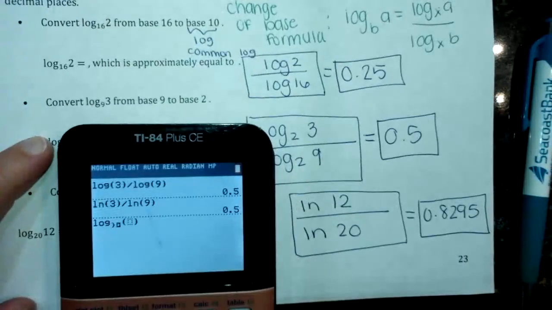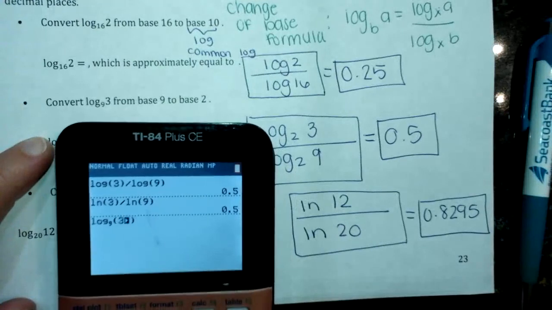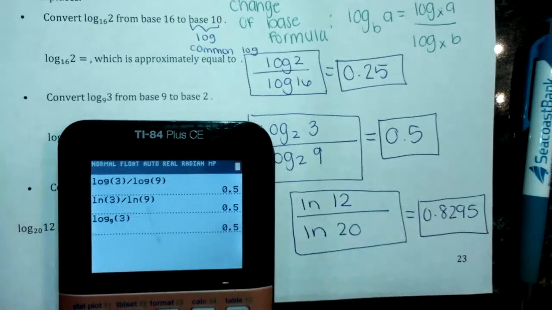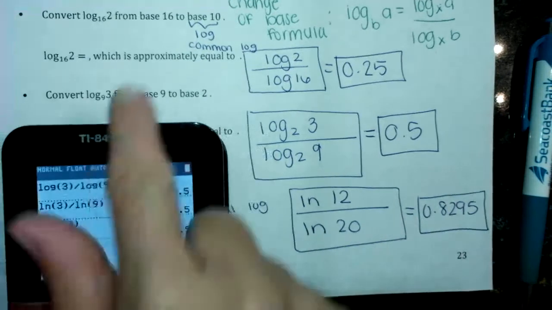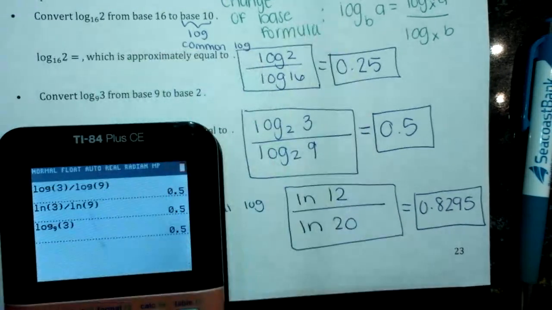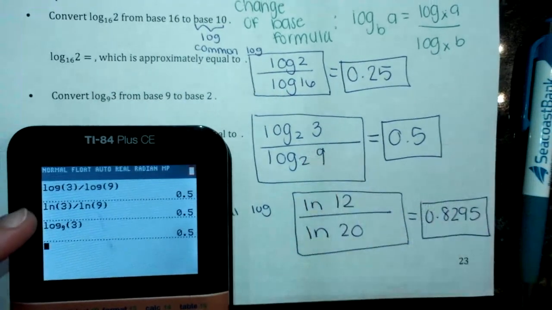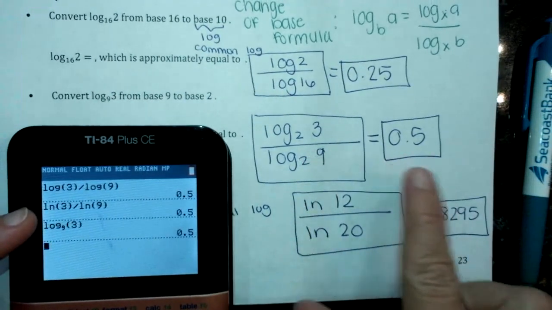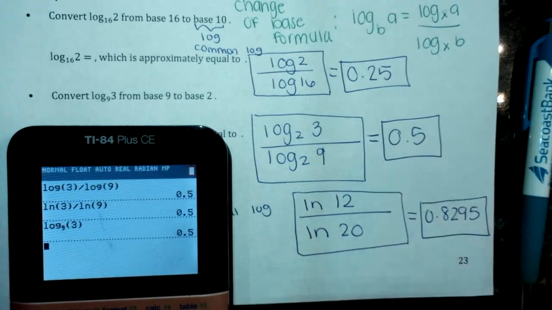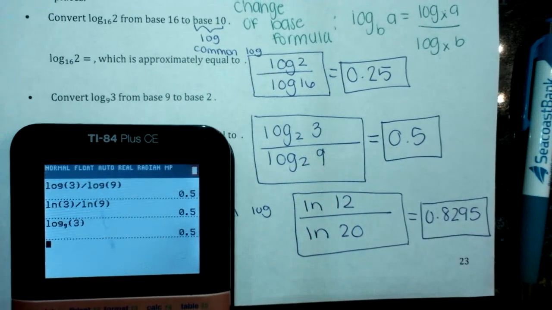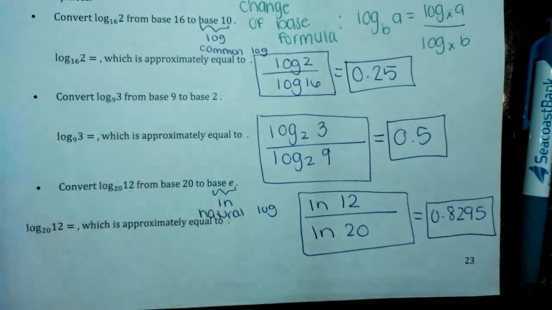Log base 9 of 3 equals 0.5. It doesn't matter what the base is, you're changing it. So these are all equal, just in different forms. So if you have an older calculator and you can't do base 2, you can use common log or natural log, change of base to get you your decimal approximation if needed. But that's kind of how you can plug it into your calculator.